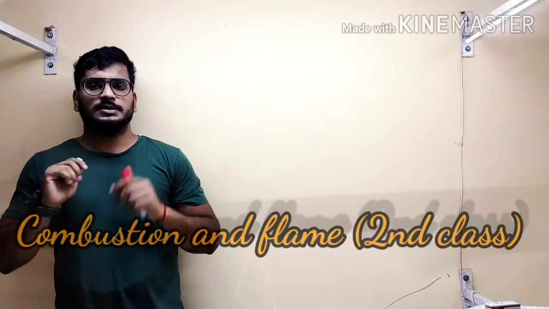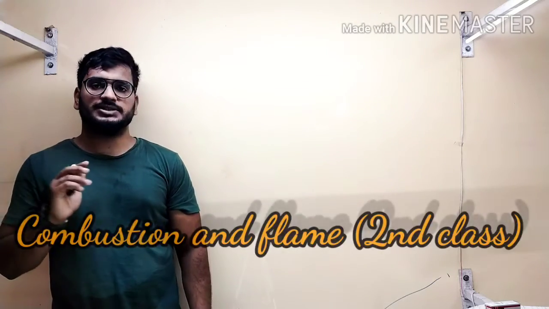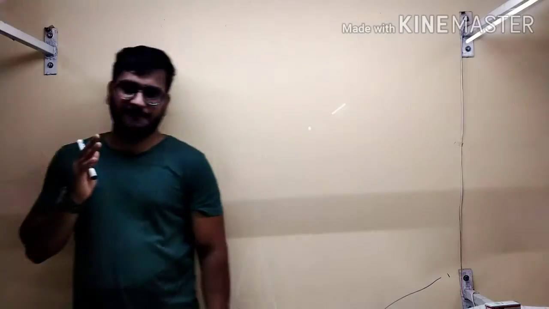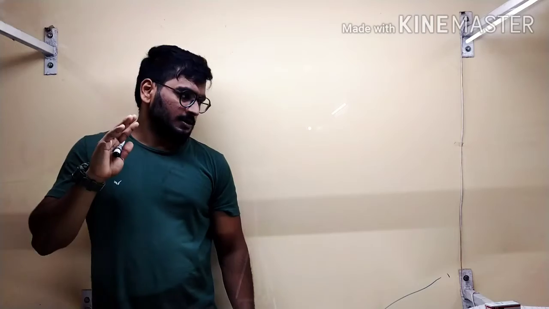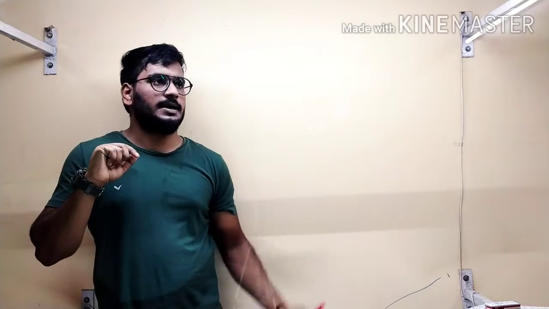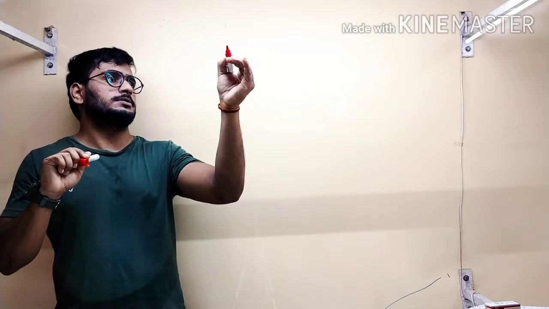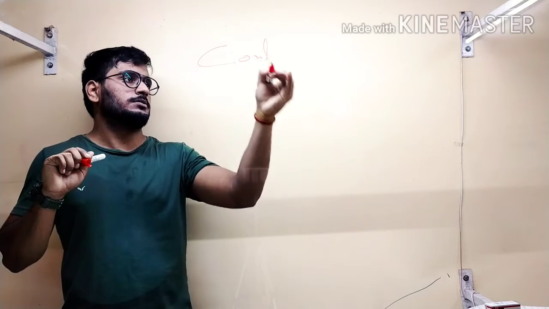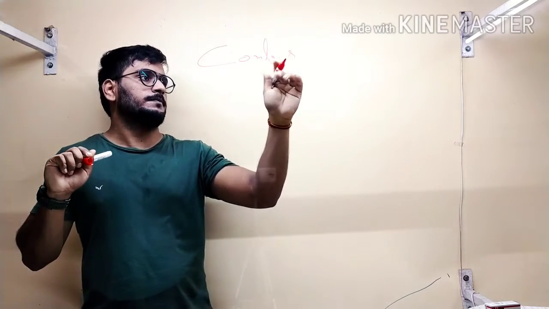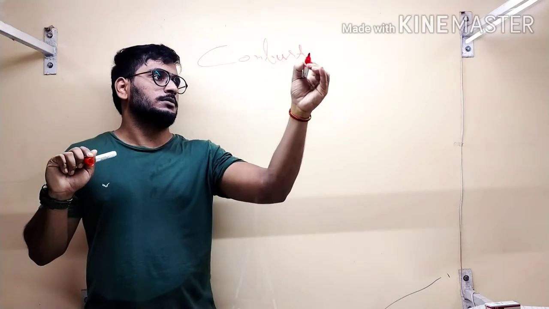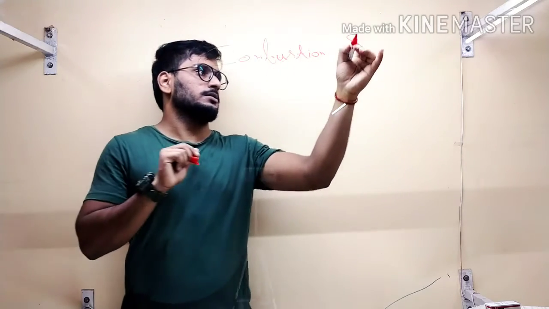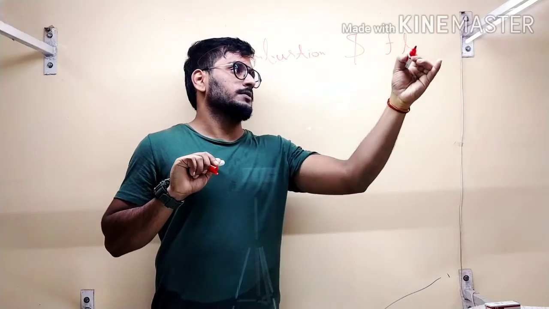Today is the second class of combustion and flame. It is the science chapter of class 8, and we have already discussed many concepts in our first class. Our chapter name is Combustion and Flame.